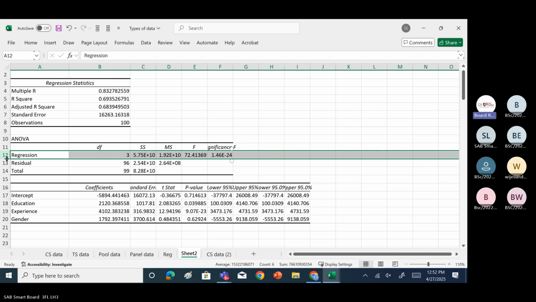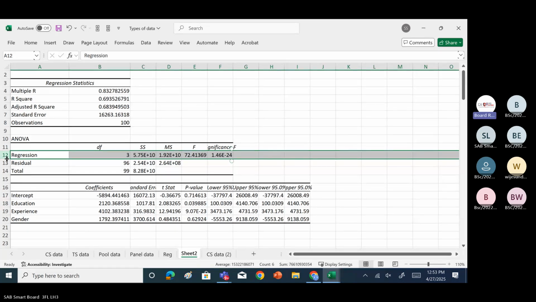The second variable is experience. What is the coefficient, the slope? 4,102. Is that positive or negative? Positive, plus. What is our variable? Experience.